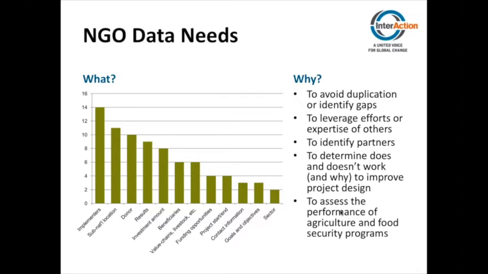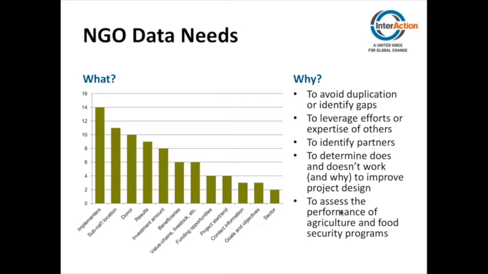So the type of data that they need to avoid those pitfalls is information on what's been mentioned before on implementers, on who is implementing the program, particularly those in countries that are implementing the program, to identify potential partners as well as to leverage what others have done and avoid duplication.